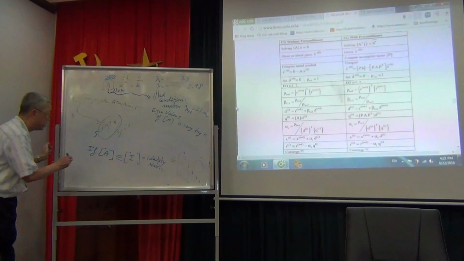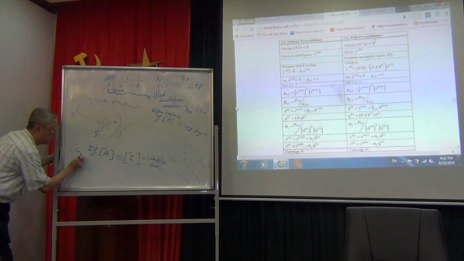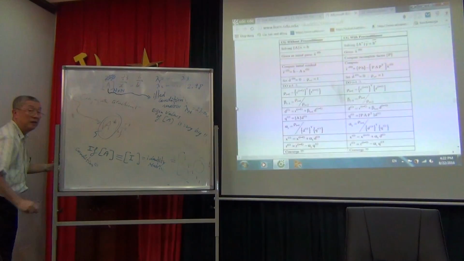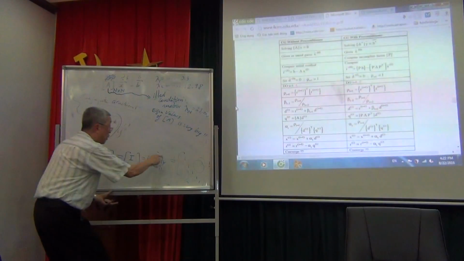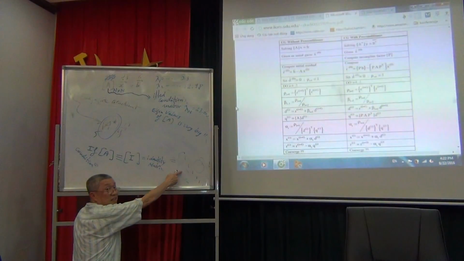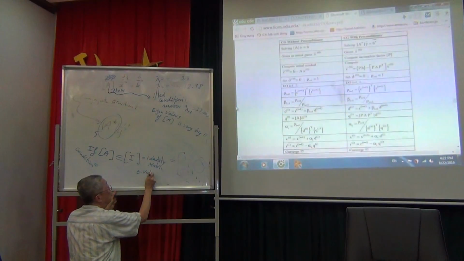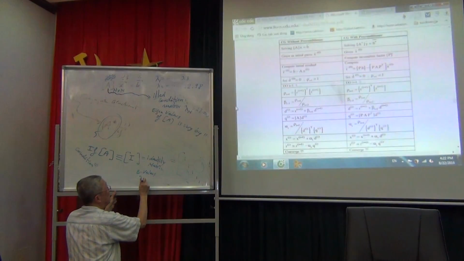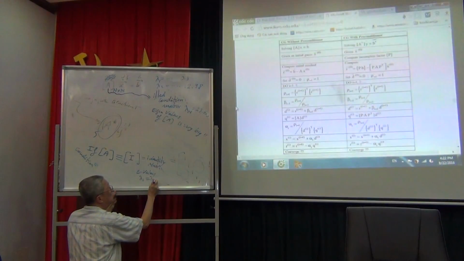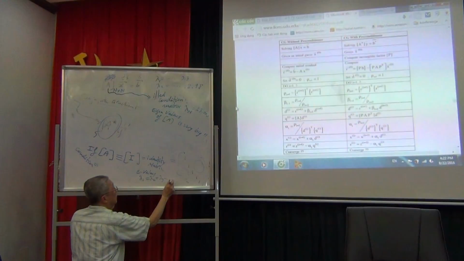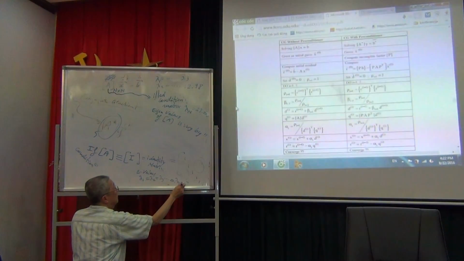So what is the condition number? Well, if the matrix A is the identity, the eigenvalues will be equal to how much? Lambda 1 equals lambda 2 equals lambda 3, and so on, equals lambda n equals 1.